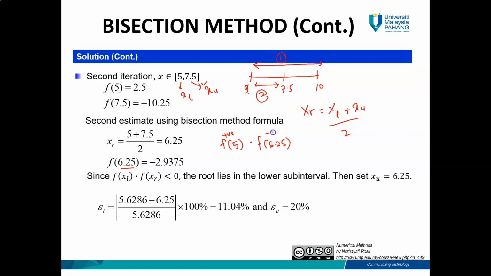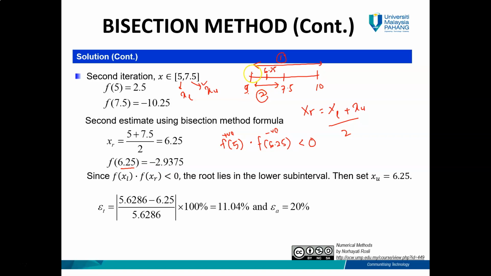Here, if we see our F(XL) here is F(5), which is a positive function, multiplied with F(6.25), which is a negative function. A positive multiplied with a negative function, we get now less than 0. If this one is less than 0, we have here the first interval 5 to 10. And then when we do the first iteration for the second one, we have 5 to 7.5. And now we have a new XR, which is 6.25 here.